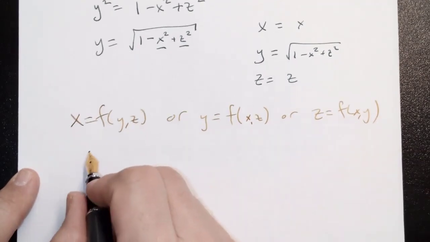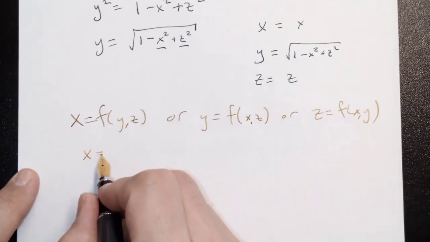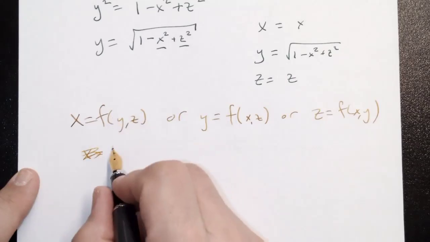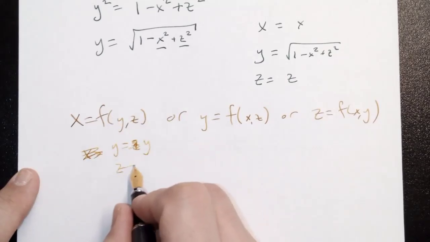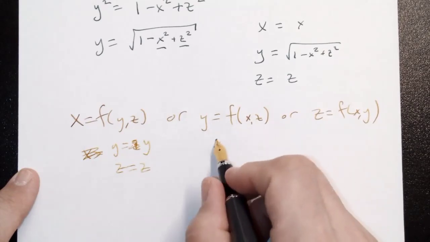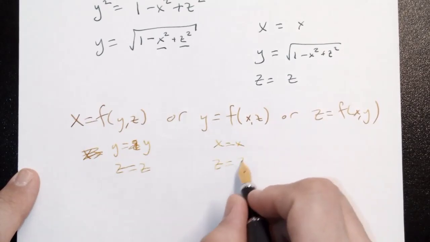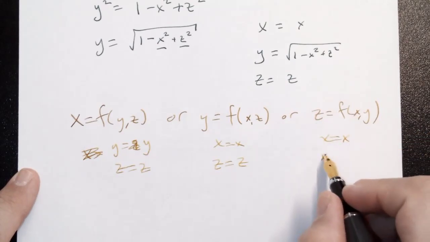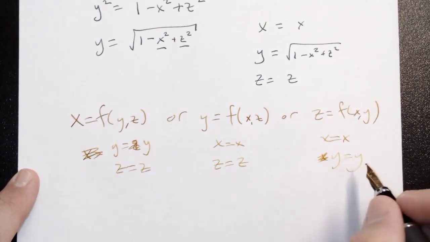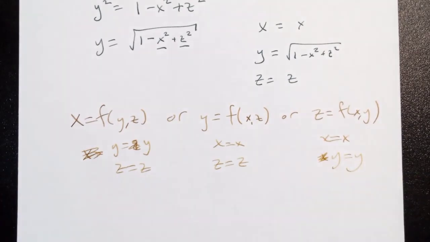I can say a parametric set of equations comes from using this, and then y equals y, z equals z. Using this, x equals x, z equals z. Using this, where x and y are the parameters themselves. Describing anything we have a graph of is automatically a two-manifold if I've written it as a function.